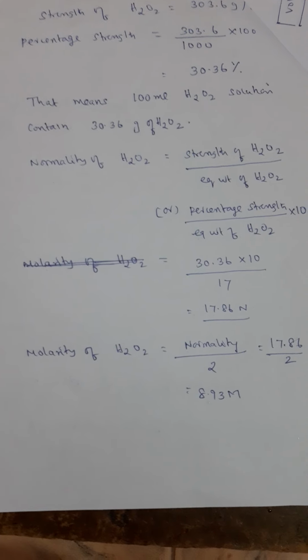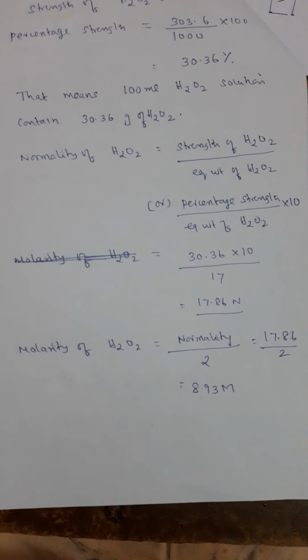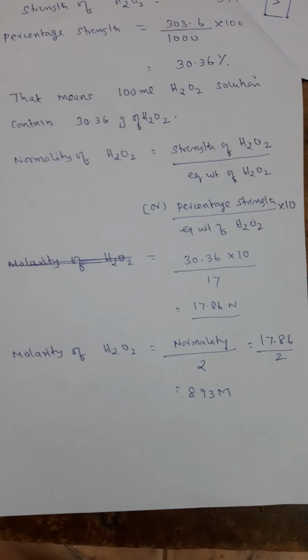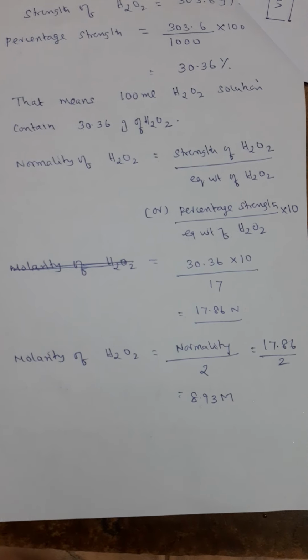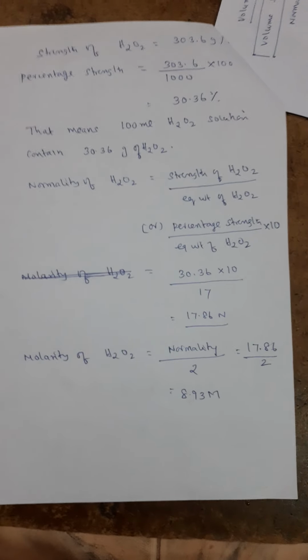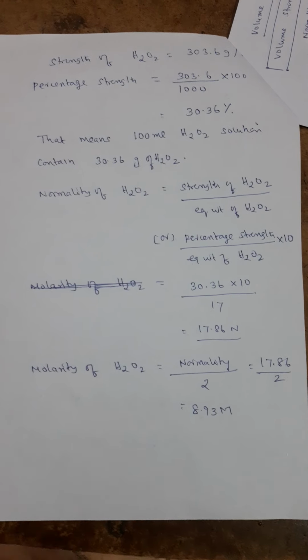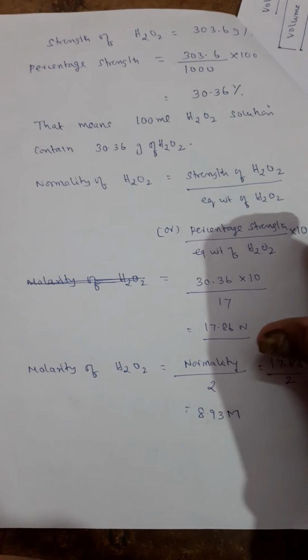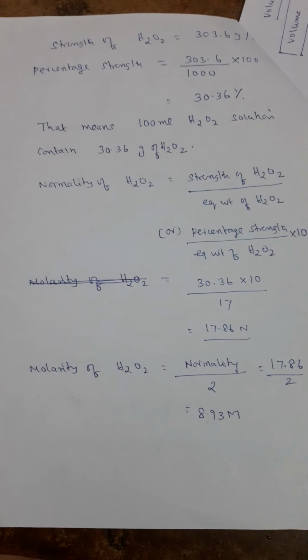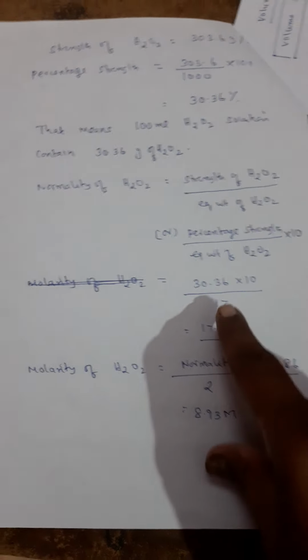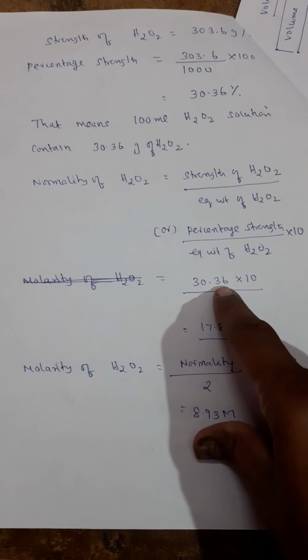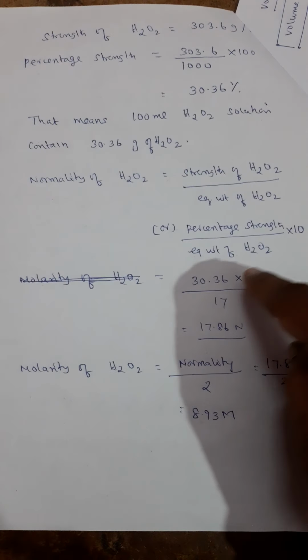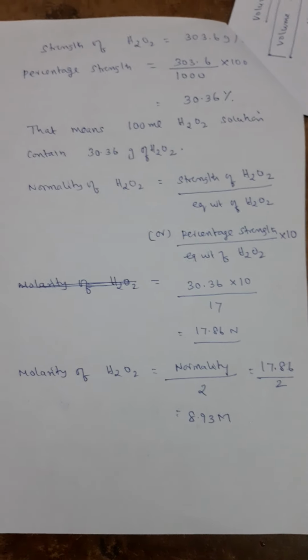Next, normality of hydrogen peroxide. We know the normality formula: strength of the hydrogen peroxide by equivalent mass of hydrogen peroxide, or percentage strength into 10 by equivalent mass of hydrogen peroxide. Percentage strength is 30.36 into 10 by equivalent mass 17.